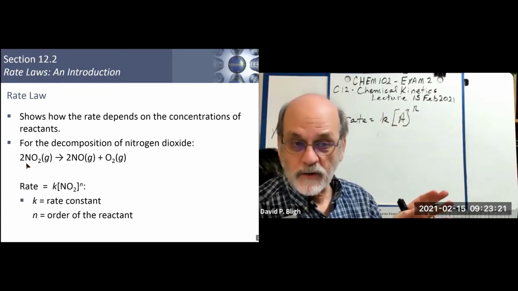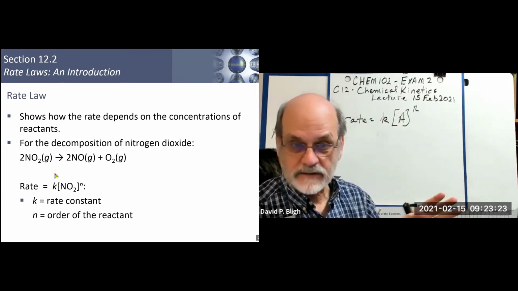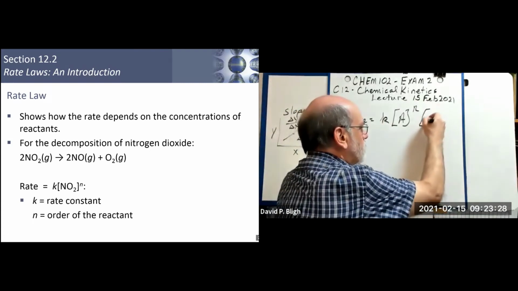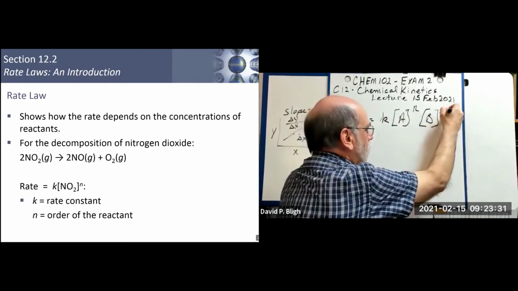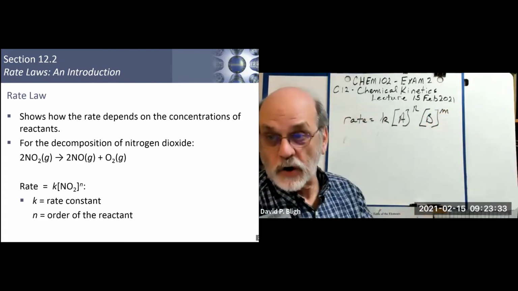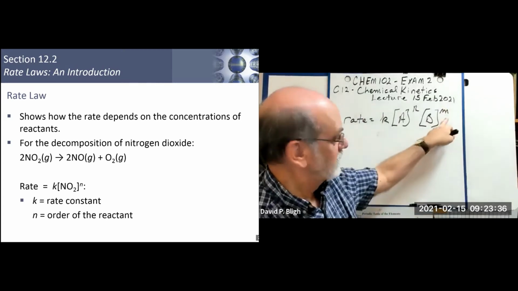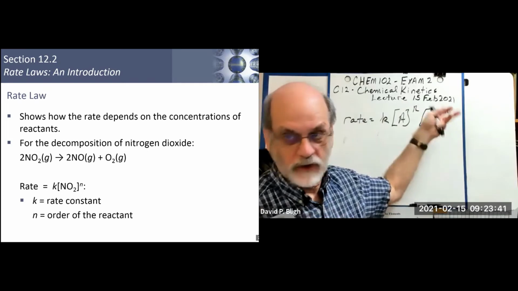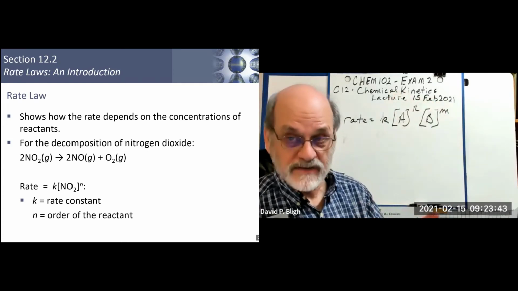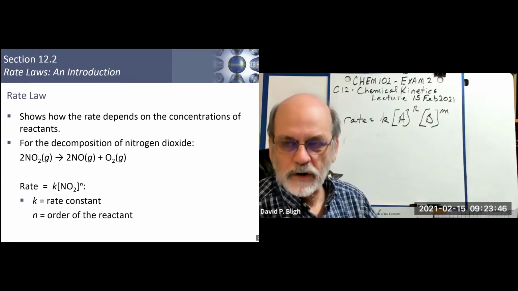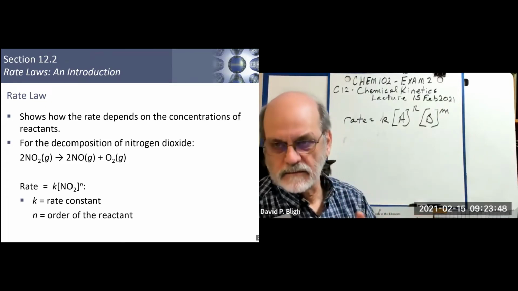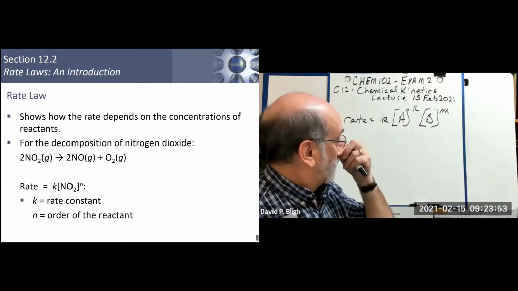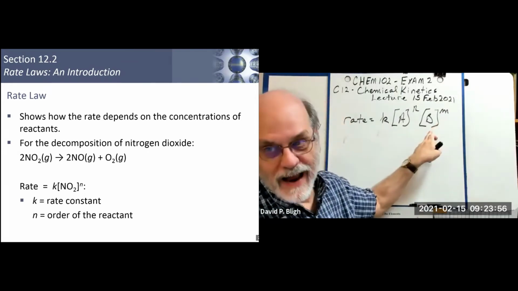Now, if you have more than one reactant, say you had 2 reactants, say we had a B reactant out there, then you would have another term in the rate law with its own order. Right? It would be whatever power that is. And orders can be 0 also. In fact, we're going to look at the 3 most common reaction orders, 0, 1, and 2. So that's the order of that reactant.